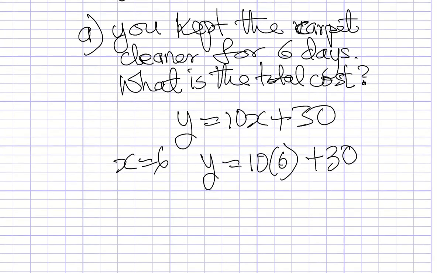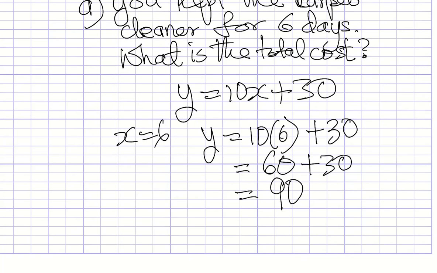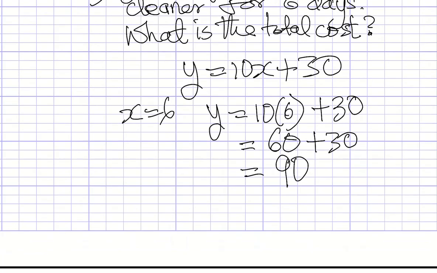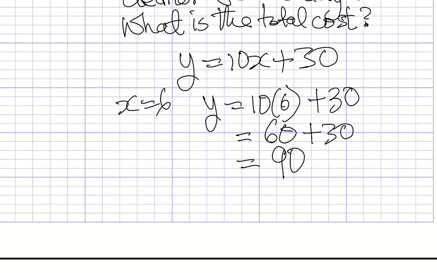We've done stuff like this before. And then what is that? 60 plus 30. That's 90. Okay, that will give you 90. So basically that means you will pay $90. That's all that means. If you keep it for 6 days, you pay $90.